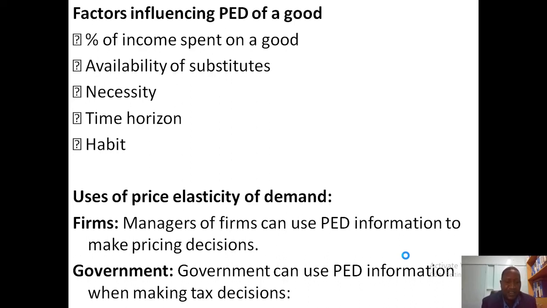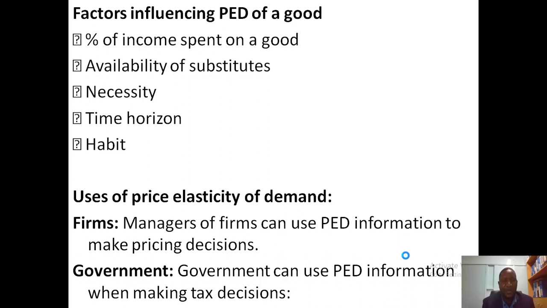If a product has elastic demand, managers or firms may decide to reduce the price in order to increase the total revenue. And if the product has inelastic demand, the best decision is to increase the price, and that is going to increase the total revenue for a firm.